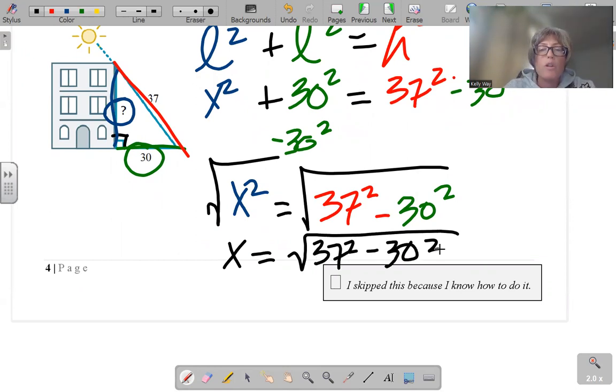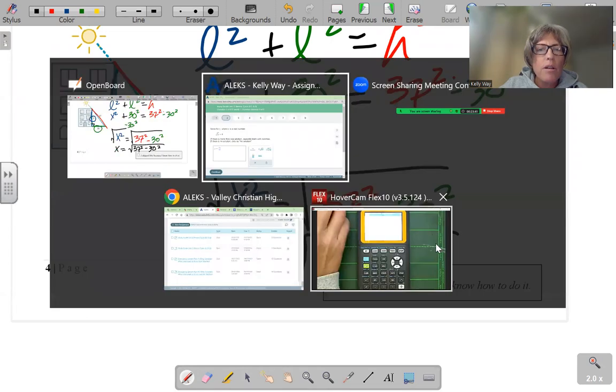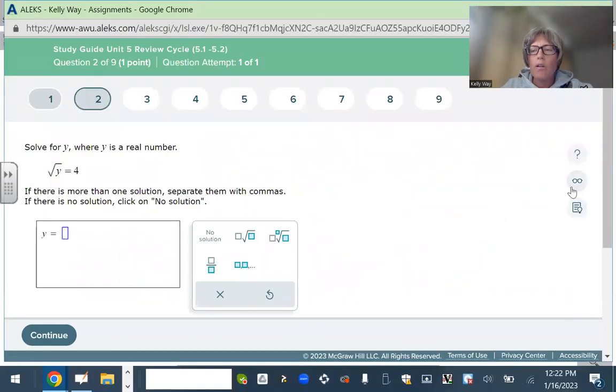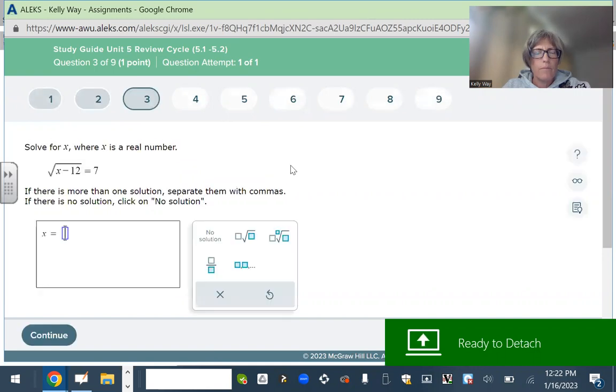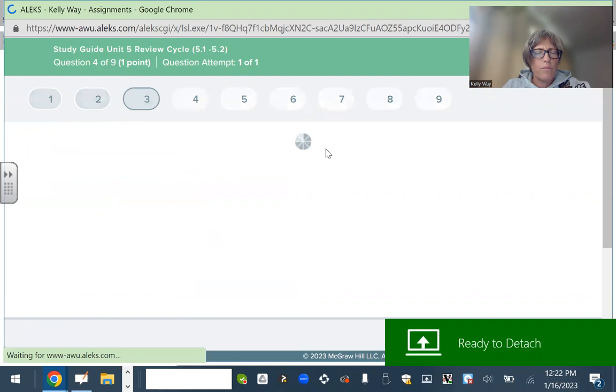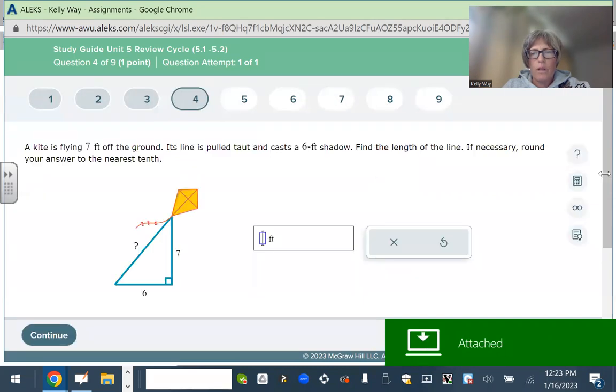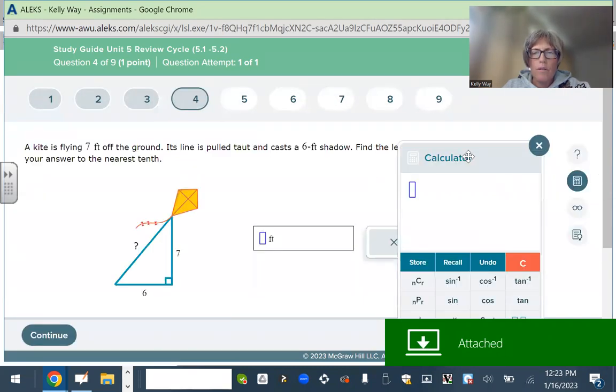I'm going to show you how to do this in one step on first the ALEKS calculator and then your TIs. So on the ALEKS calculator, it's going to look like this.